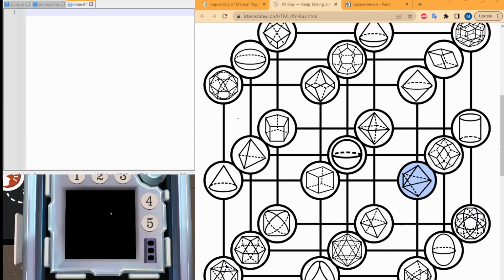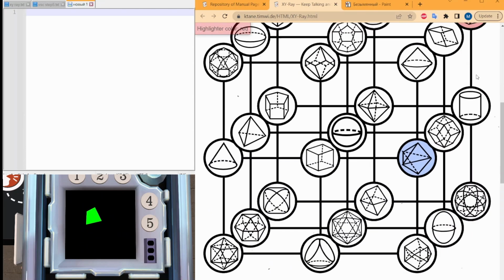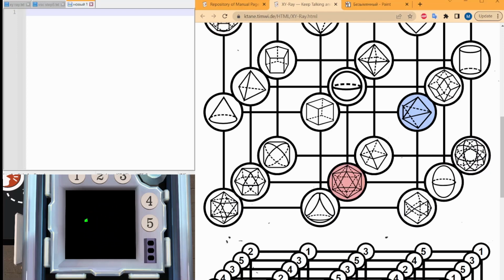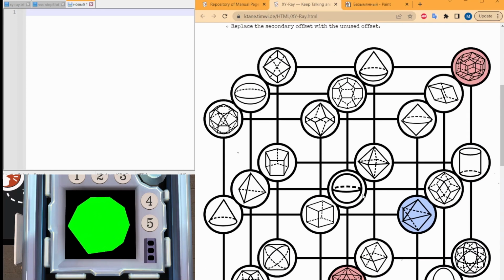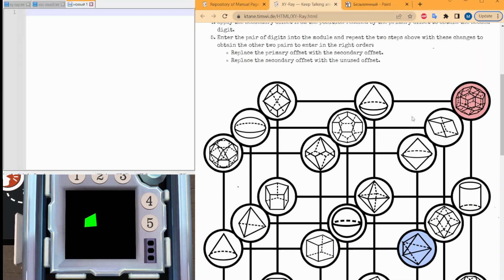Okay, the second one has a vertex of 5 and has a lot of sides. It's either this one or one of these. So let's see if it has triangles or rhombuses.